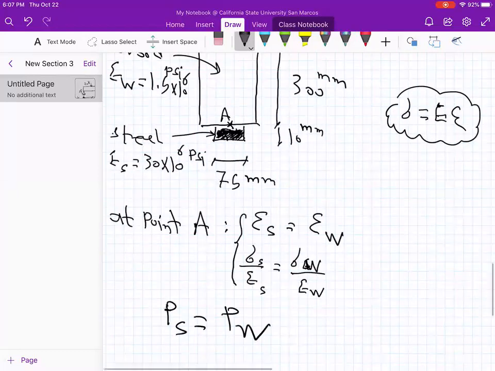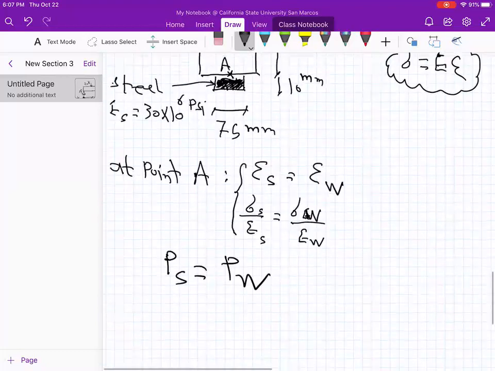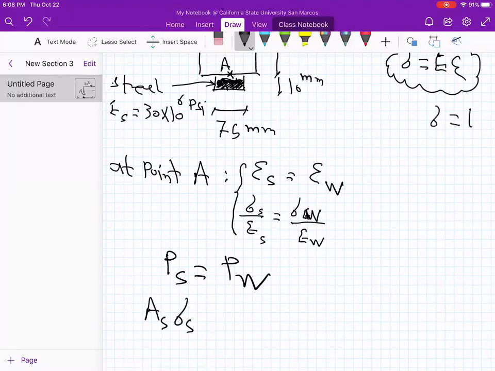So we know P of the steel is A_S sigma_S, because sigma, if you remember, is P divided by A, therefore P is sigma times A. The same for the wood: A_W sigma_W.